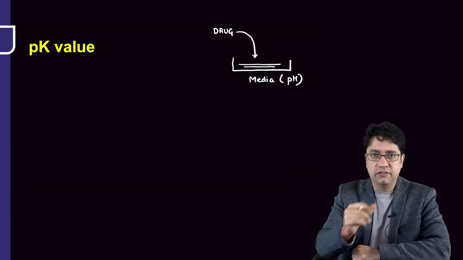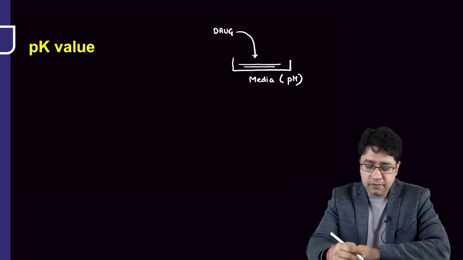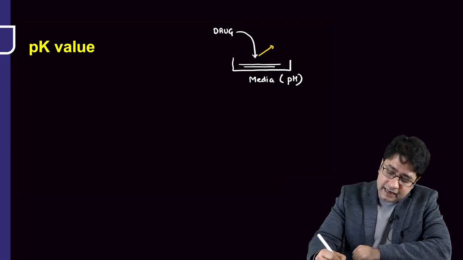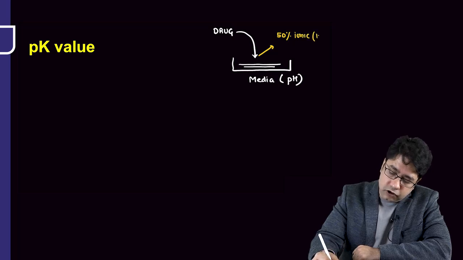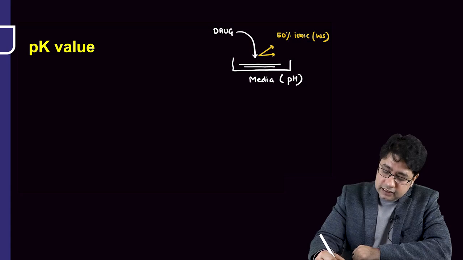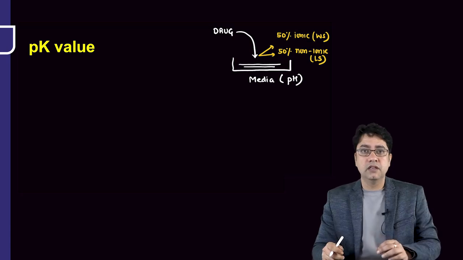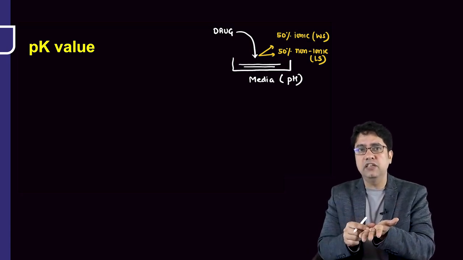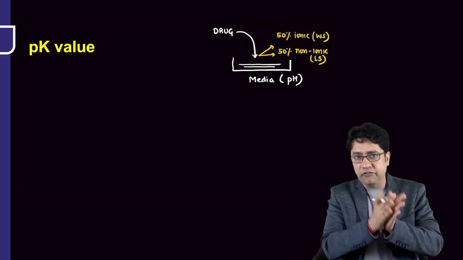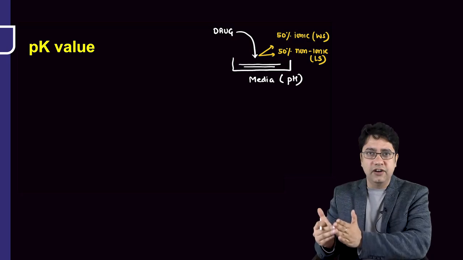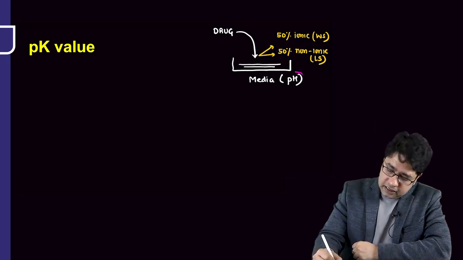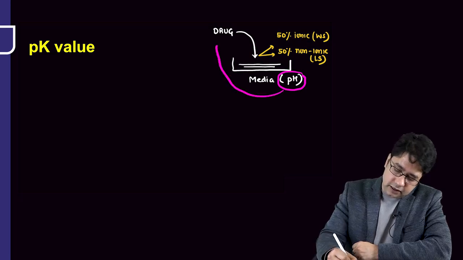When I put this drug into this media, I saw that this drug became exactly 50% ionic. Ionic means water soluble. And the rest of the drug gets converted into 50% non-ionic, which is lipid soluble. So if at a particular pH of media the drug becomes 50% ionic and 50% non-ionic, then this pH of the media becomes the pK value of the drug.